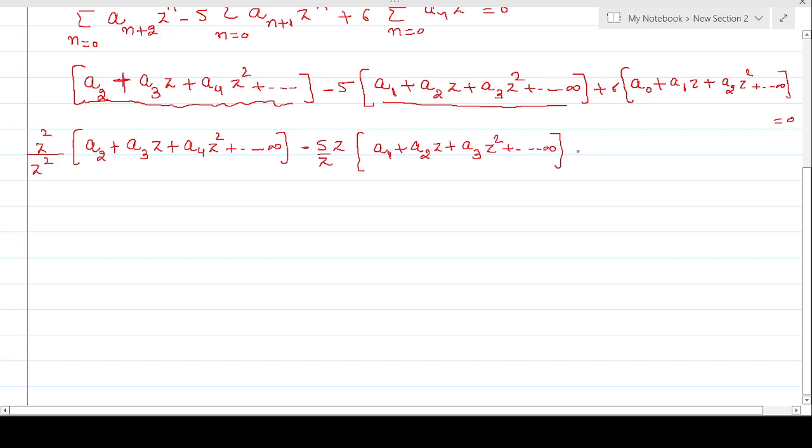Okay, plus 6 times A0 plus A1z plus A2 z square and so on. This is equal to 0.